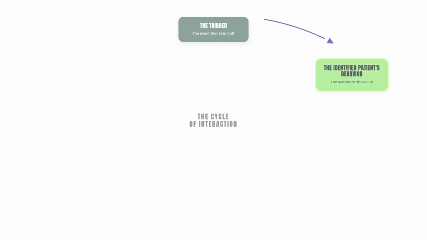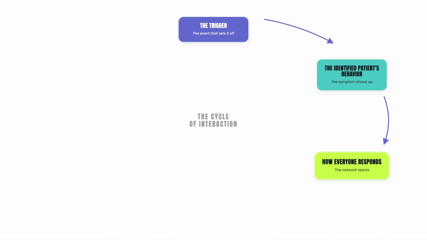There's a trigger, a response, often an attempted solution. There's always going to be a little bit of relief, and then a reset, and then it all starts all over again. The trigger is what happens, what's the event that kicks everything off. Then I want to know how the identified patient is treated while the symptom is showing. Who does what and when, then what? Where's dad when that happens? Where's mom when that happens?